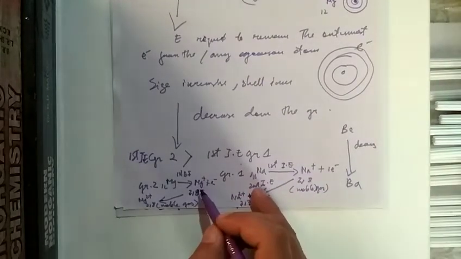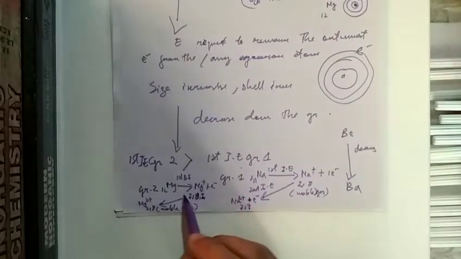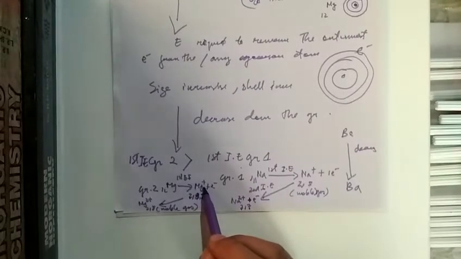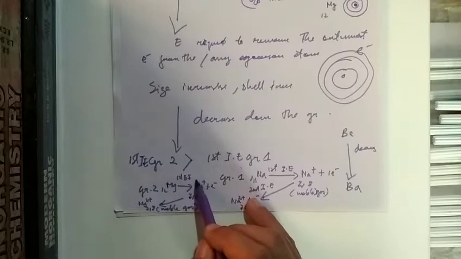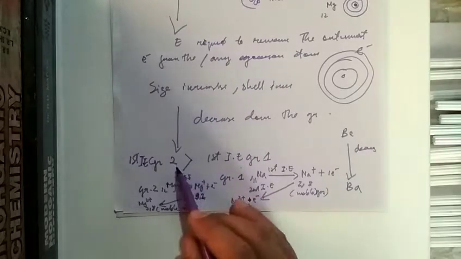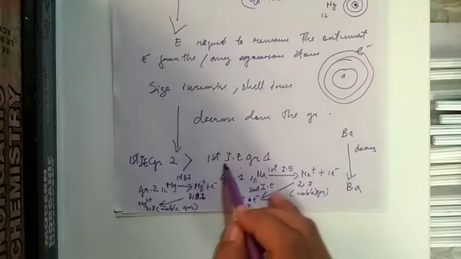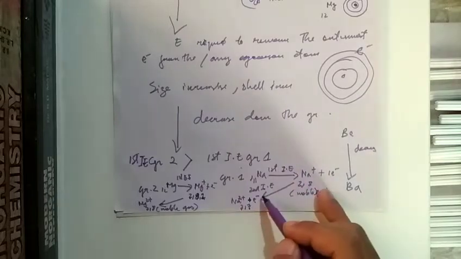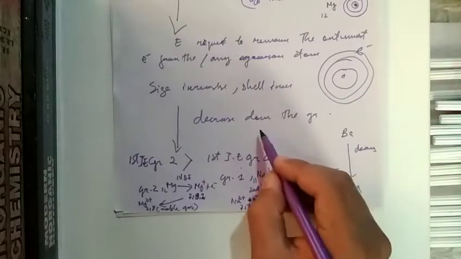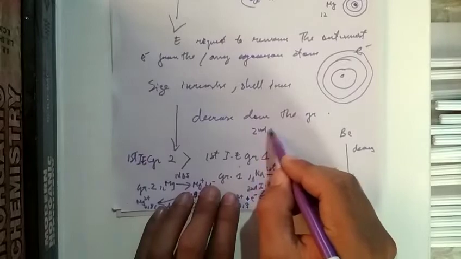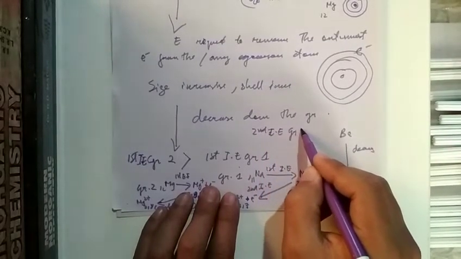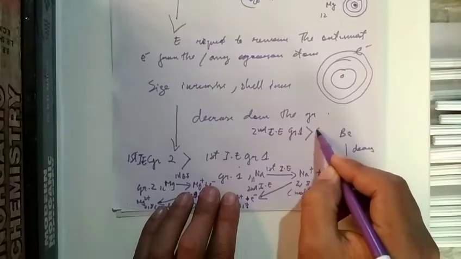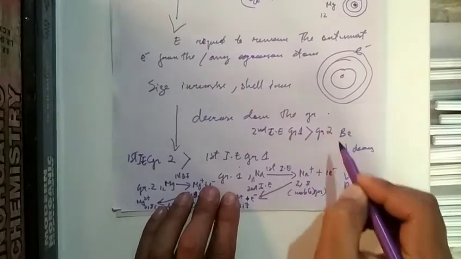Now in this case, for the first ionization enthalpy, group 2 is greater, but for the second ionization enthalpy, group 1 is greater than group 2.